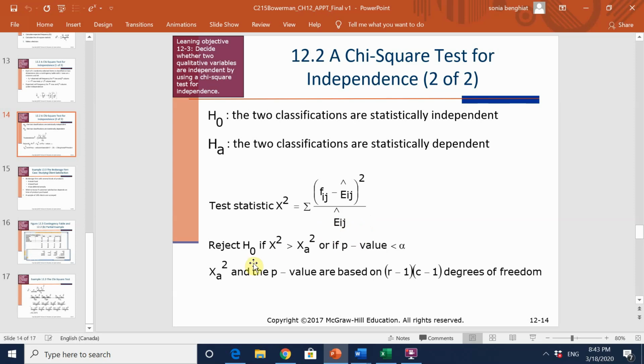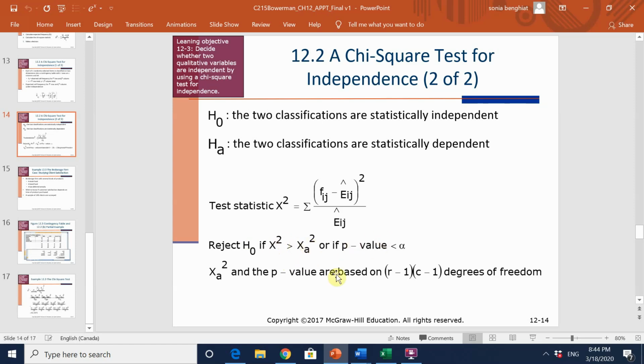Again, the decision rule is the same, whereby here we will reject the null hypothesis if and only if the test statistic happens to be greater than the critical chi-squared at a specified level of significance alpha for a number of degrees of freedom, which I will discuss just after. This is, of course, using the critical value rule.